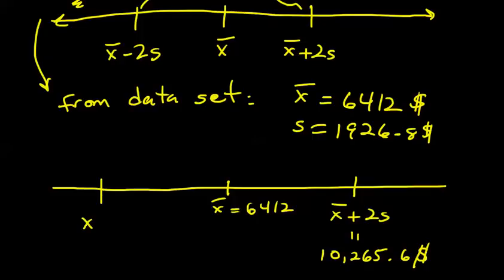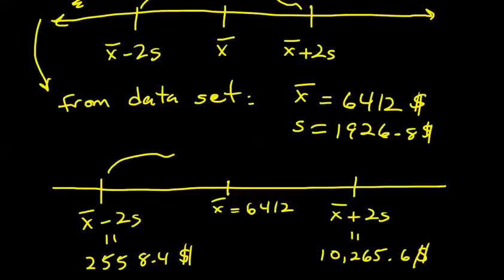Down here below, X bar minus 2s. If I take my 6412 value and subtract twice the standard deviation, I get a lower boundary, approximately $2,558.40, again in US dollars. Now, anything between these boundaries will be usual by our guidelines, right?